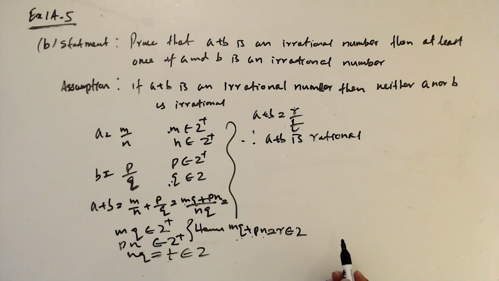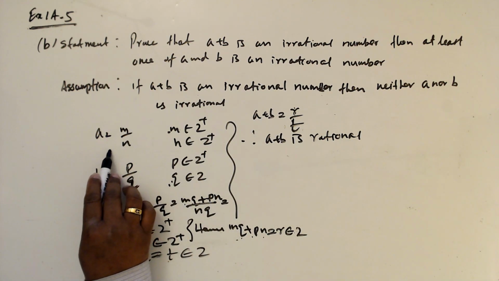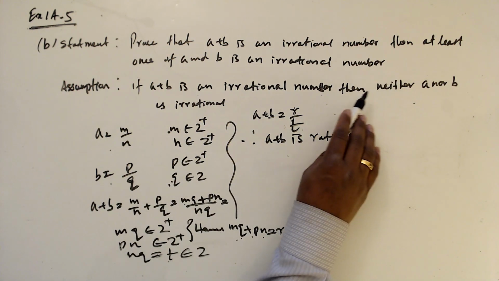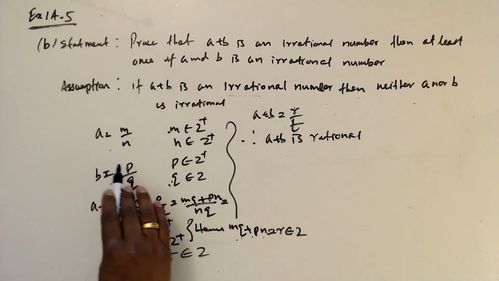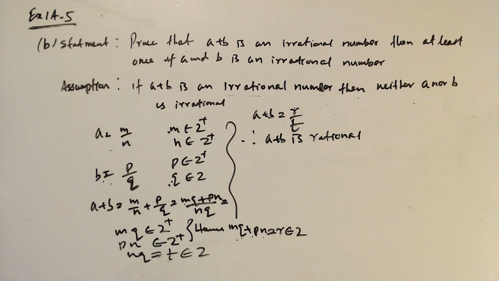Now it is a contradiction, because the assumption is that A and B are rational and A plus B is irrational. But now A is rational, B is rational, and A plus B is also rational.